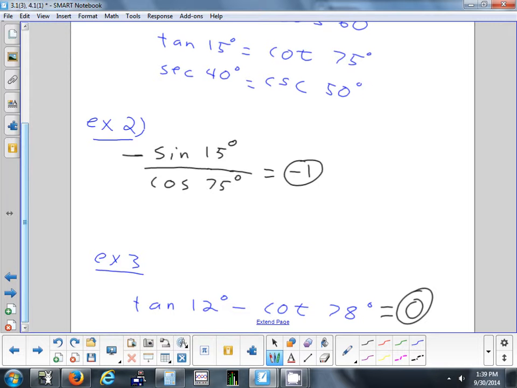And when you subtract two things that are equal, you always get 0. Doesn't matter what they are. They're equal. So we know we're going to get 0. Any question on that? If you change this 78 to a 77, then that throws out the whole idea. You can't do the problem in your head. They had to add up to 90, and they had to be cofunctions.